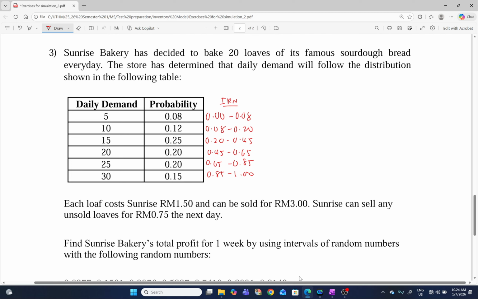If you want to do simulation, you need to have interval random numbers. So straight away tulis dulu, baru baca soalan.